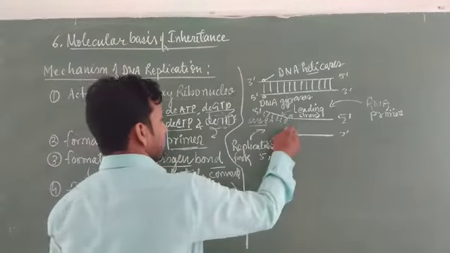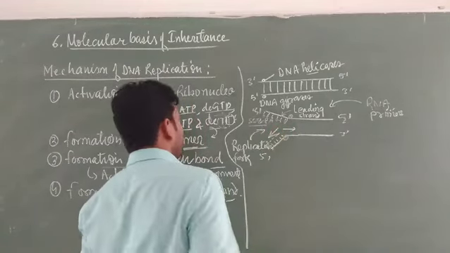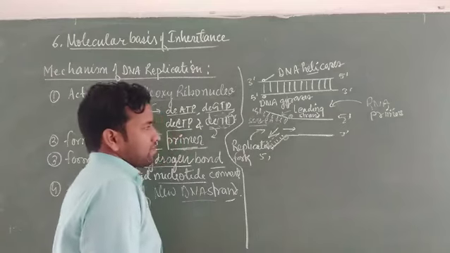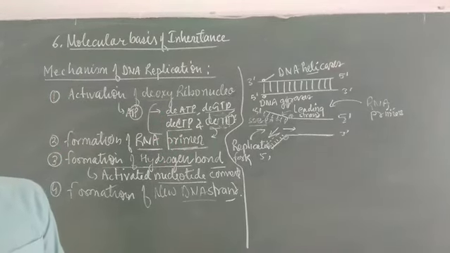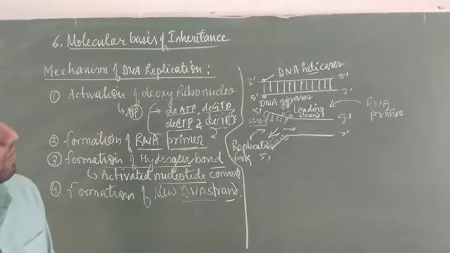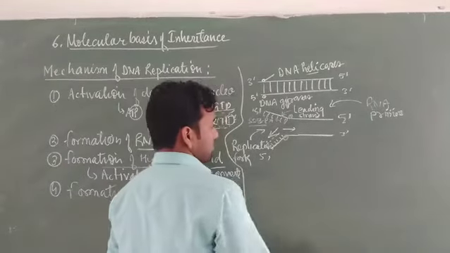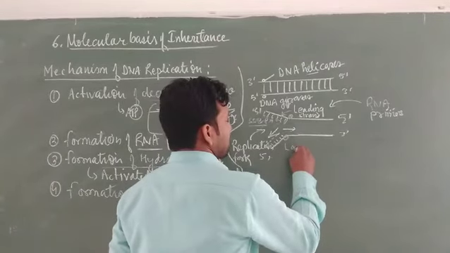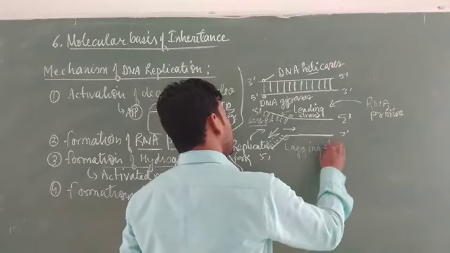This replication fork is formed in this direction. Here RNA primers are attached to this strand in the opposite direction. This strand is called the lagging strand.